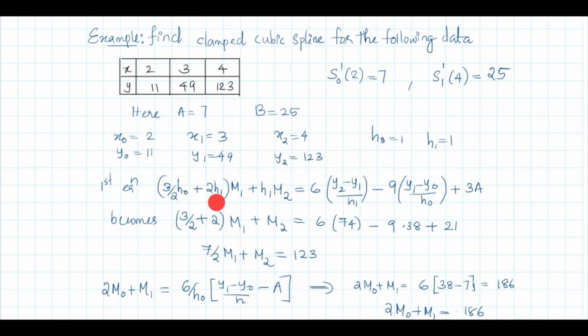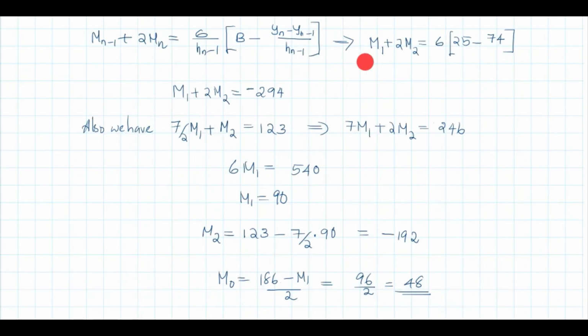So in the first equation, you can substitute the values and you will get 7/2 m1 plus m2 equal to 123. And the relation between m0 and m1 becomes 2m0 plus m1 equal to 186. And the last equation, m(n-1) plus 2mn, will give you m1 plus 2m2 equal to minus 294.